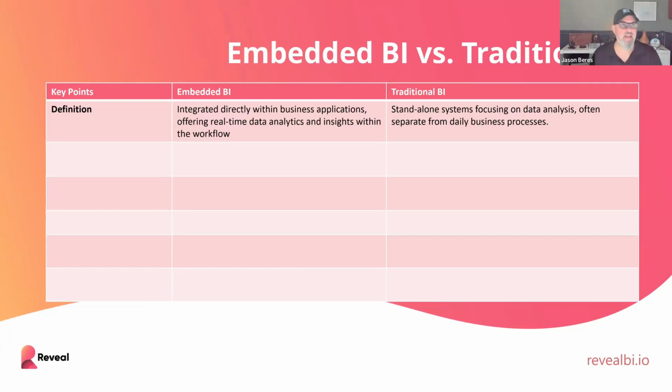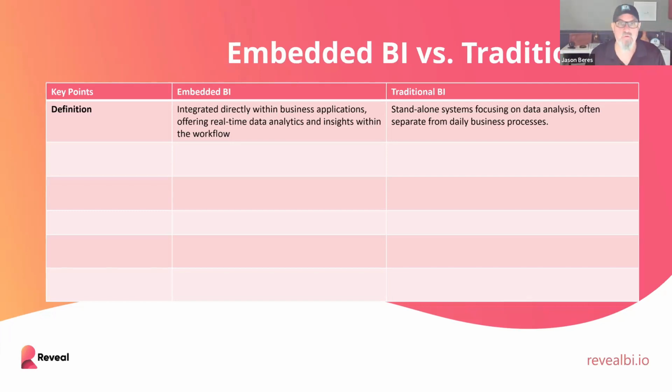So let's take a look at some of the key points of embedded BI versus traditional BI. Embedded BI, like we just said, is integrated directly within your business application, offering real-time insights within the workflow of the user. Traditional BI is standalone systems. So I have to go from my application to another system, and that other system has some stuff, but it's really not connected to what I'm doing in the moment.